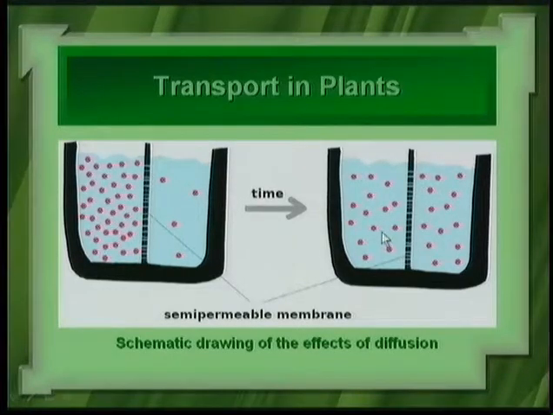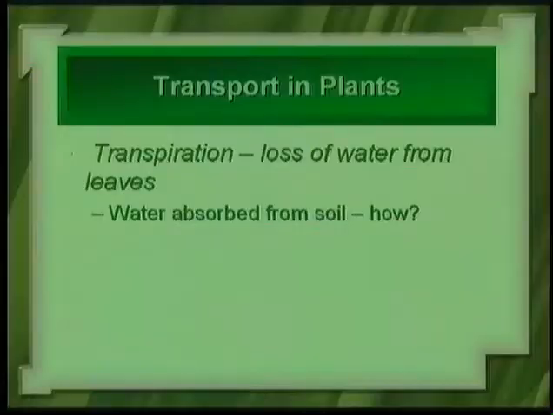So diffusion can happen through the air. It can also happen through water as well. Now another thing too: in this process known as transpiration, remember that water enters through the plant from the soil. So think about what we were just talking about. Remember that we have a cell membrane, and that osmosis is the movement of water through a membrane.